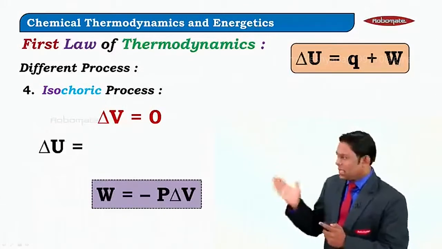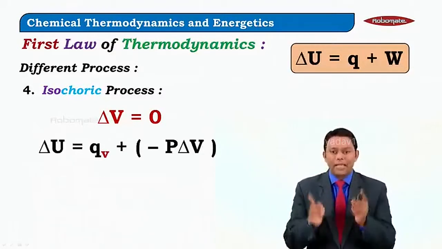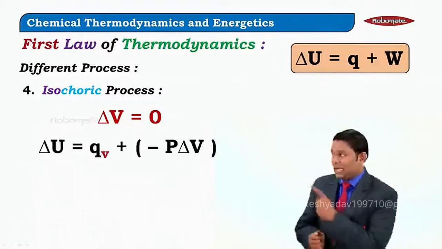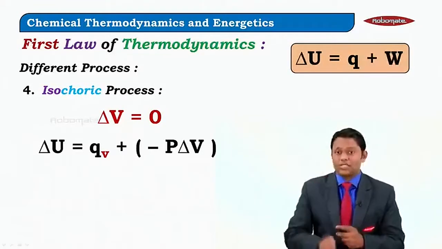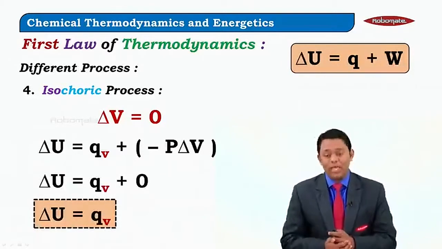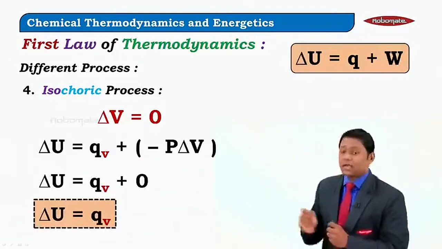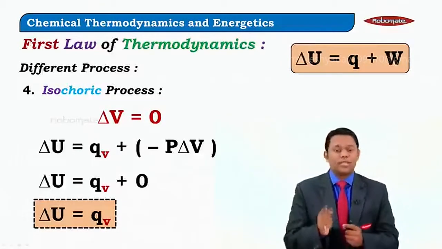We get delta U is equal to QV plus bracket minus P delta V. Now delta V is equal to 0. If we substitute that value in this equation, we get delta U is equal to nothing but QV. That means change in internal energy can also be called the heat content of the system at constant volume.